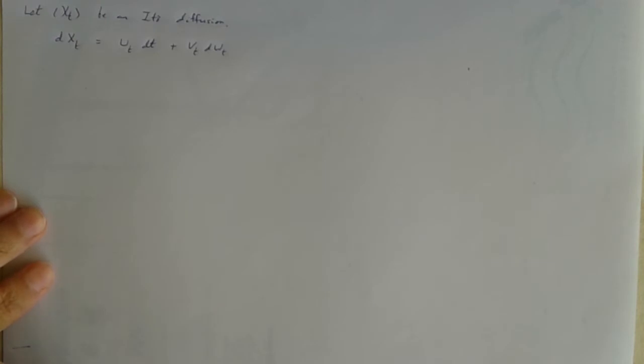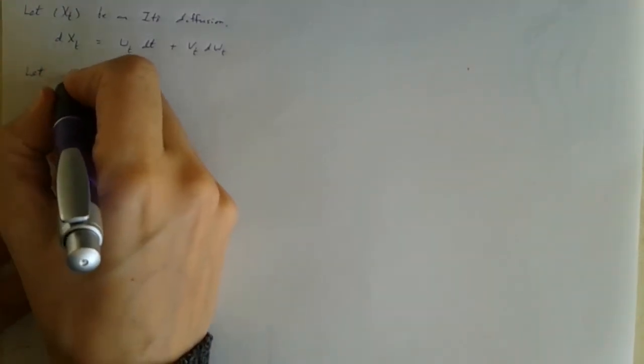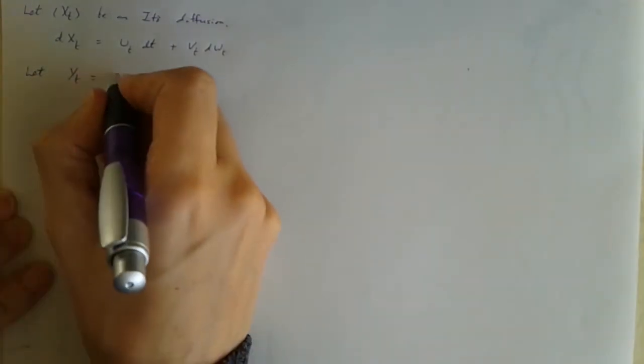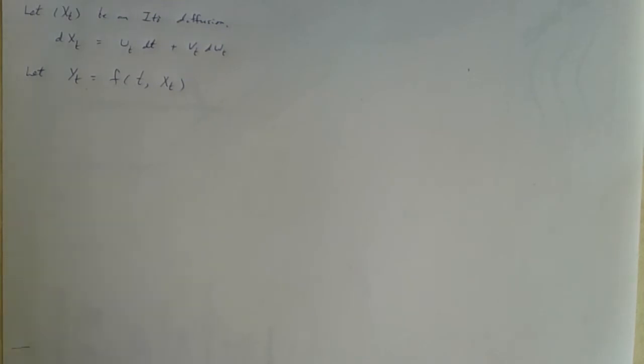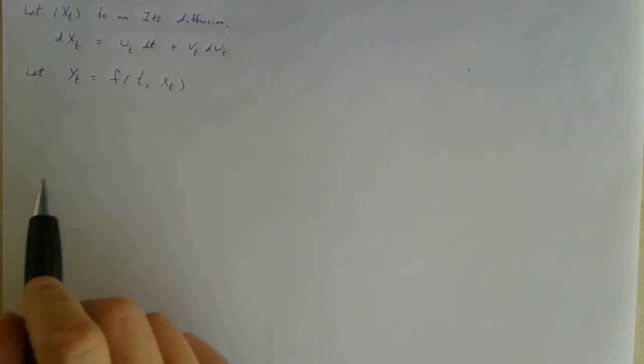Okay, so we've got ourselves an Ito diffusion. And now we'll let y be given by this. So it's a function of x_t, and perhaps it also has some separate dependence on time t.